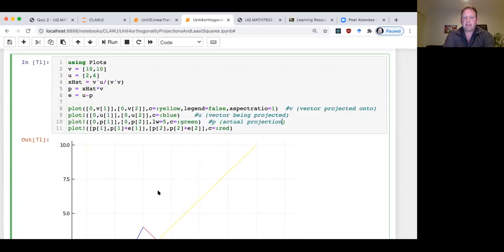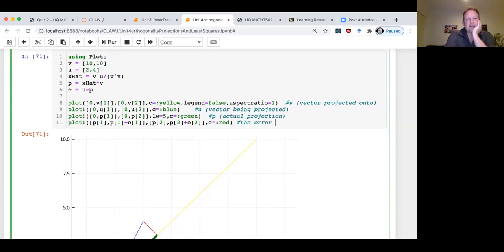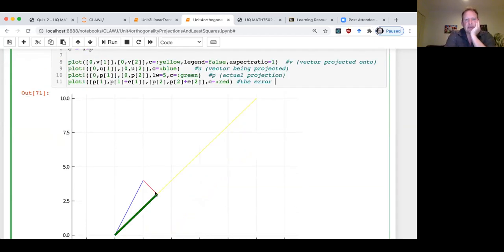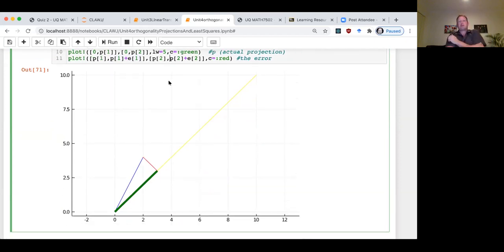So p is x hat times v. And here this is the error. So the error has first coordinate p1, and the coordinate here is p1 plus e1, and p2, and then p2 plus e2, and that's it. That's projection onto a line.